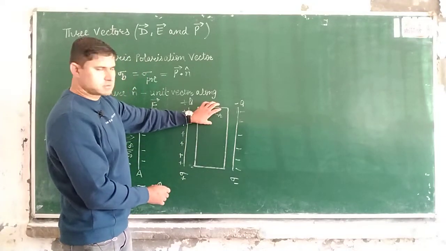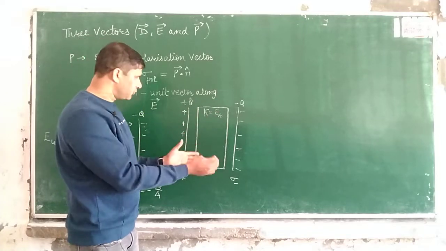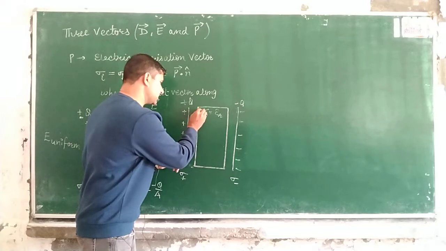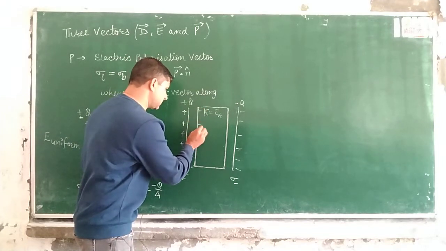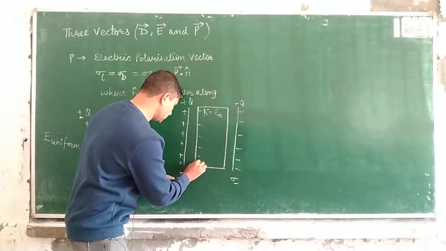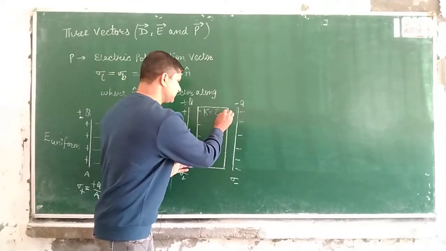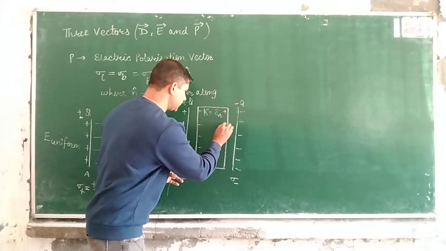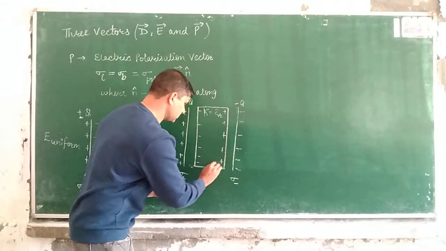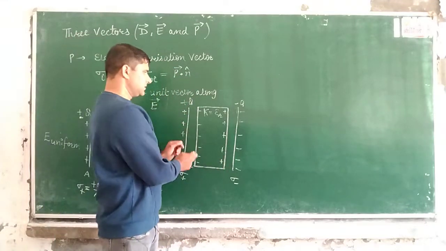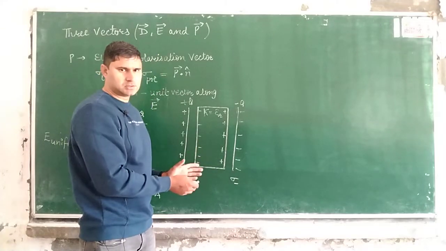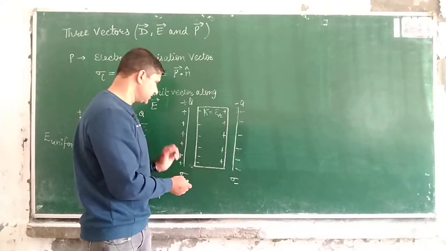In this dielectric, the atoms and molecules get polarized, and this surface will become slightly negatively charged due to displacement of negative charge, and this will become slightly positive. You can see this process is known as polarization. The details we have discussed in the previous lecture.